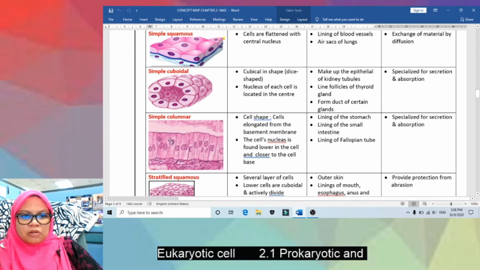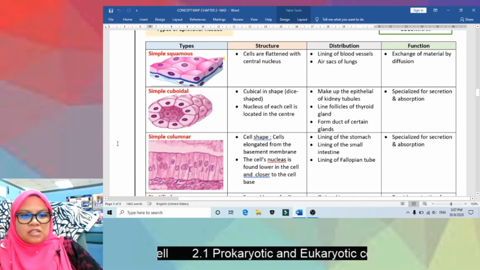Next is the simple columnar. For this simple columnar, the cell is elongated from the basement membrane. So here is the basement membrane. And the cell nucleus is found lower in the cell and closer to the cell base. So look at the nucleus, the position of the nucleus is usually at the bottom.